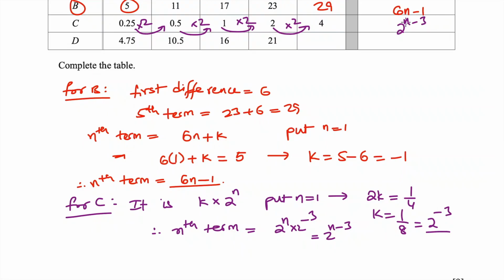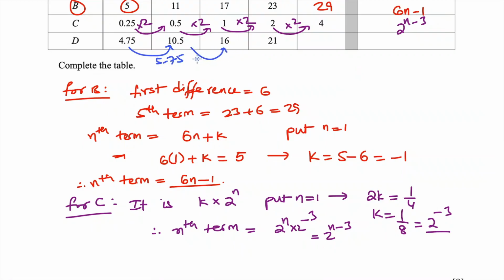Now D. Look at question D. Question D is a bit different, and what do I get here? So if you see 4.75, 10.5, 16, 21, here the difference is 5.75.